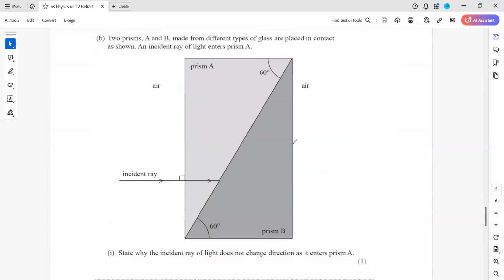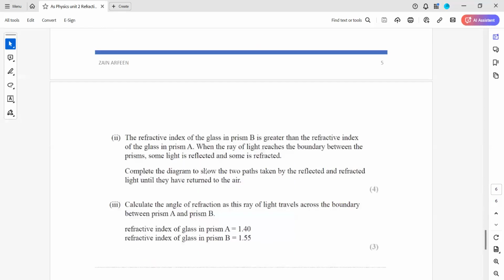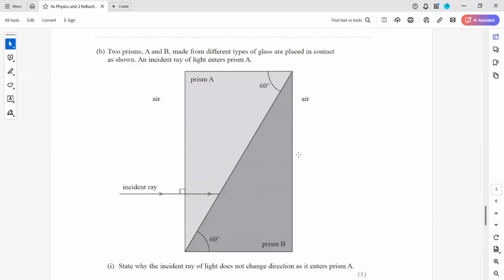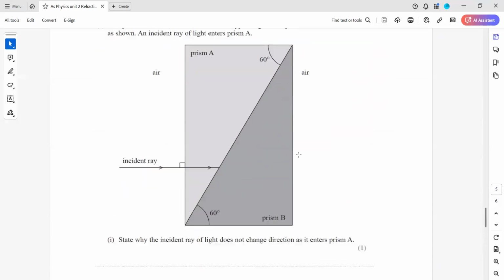So what will happen? The refractive index of glass prism B is greater than A. So the refractive index is greater, so the speed will change more.